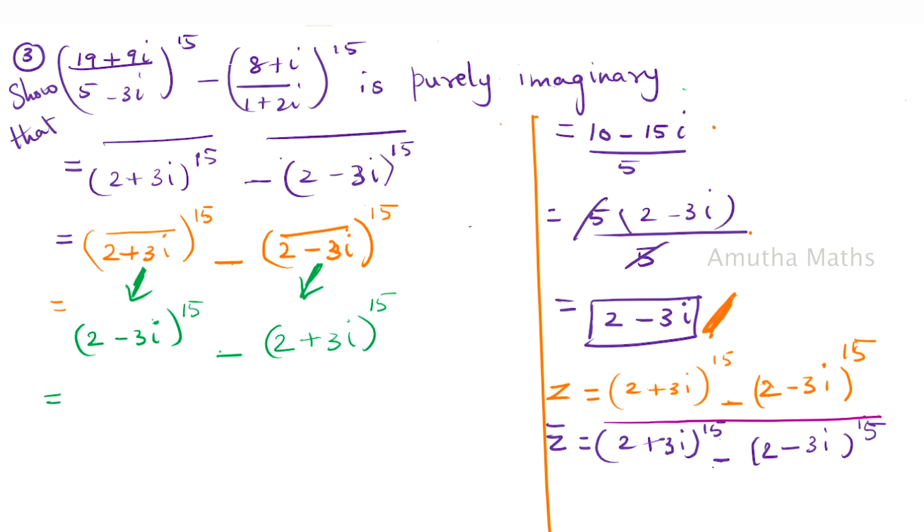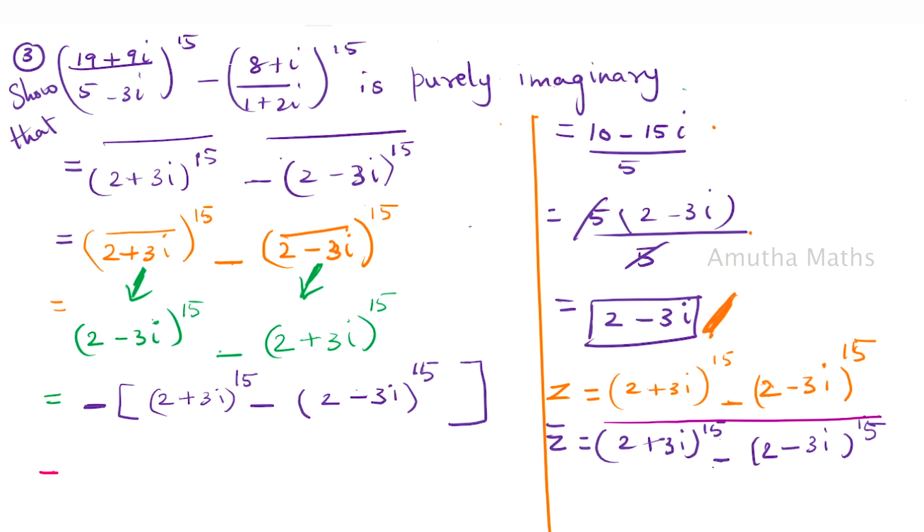Okay. So this is equal to minus of, okay, 2 plus 3i the whole power 15 minus 2 minus 3i the whole power 15.